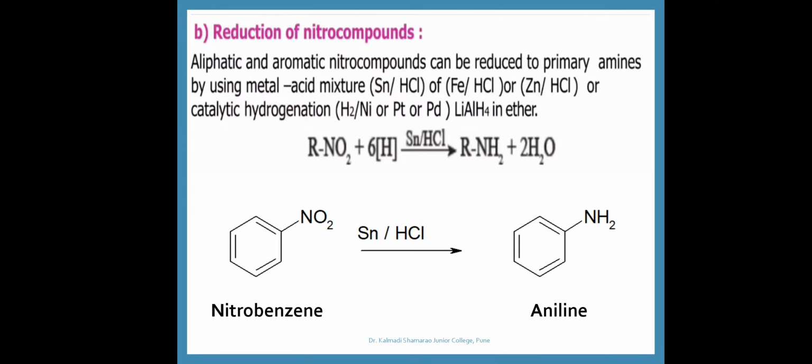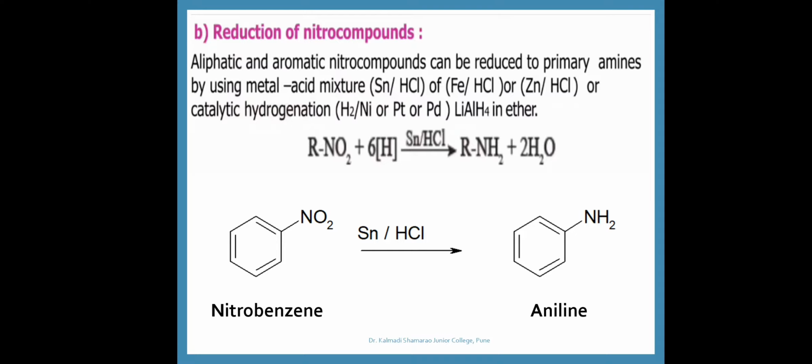Let us see the next reaction, reduction of nitro compounds. Aliphatic and aromatic nitro compounds can be reduced to primary amines by using a metal acid mixture, that is Sn/HCl or Fe/HCl or Zn/HCl, by catalytic hydrogenation with H2/Ni or Pt or palladium, or LiAlH4 in ether.